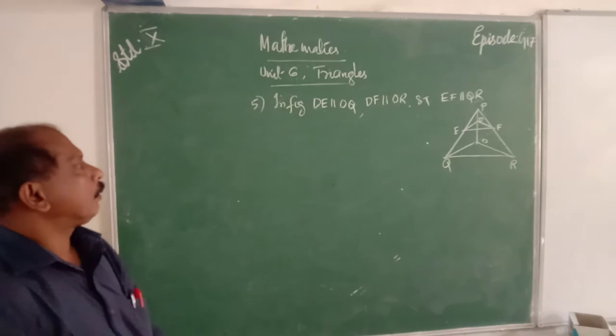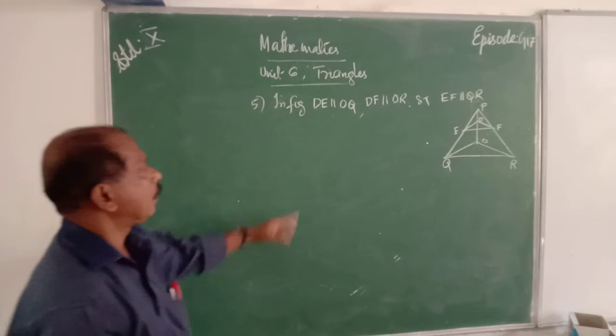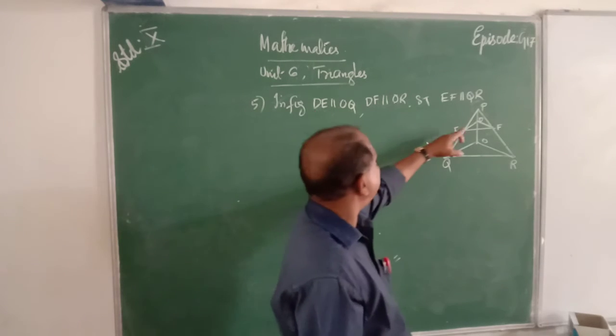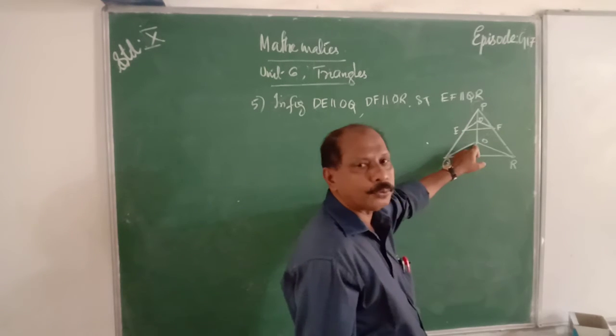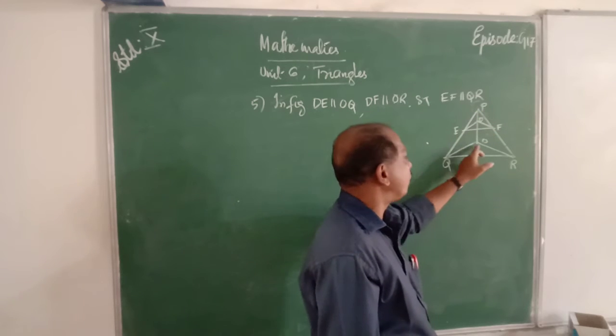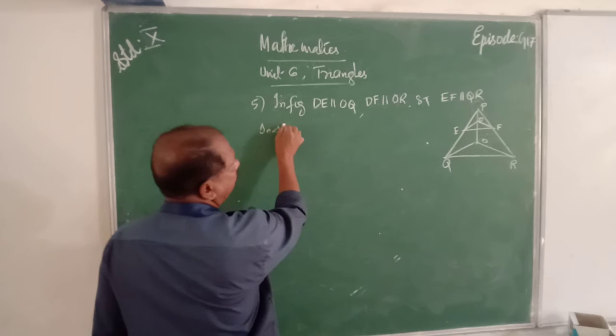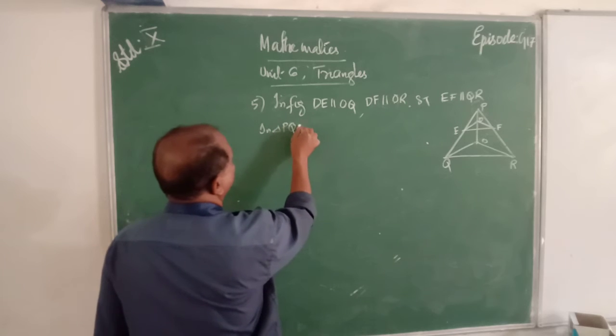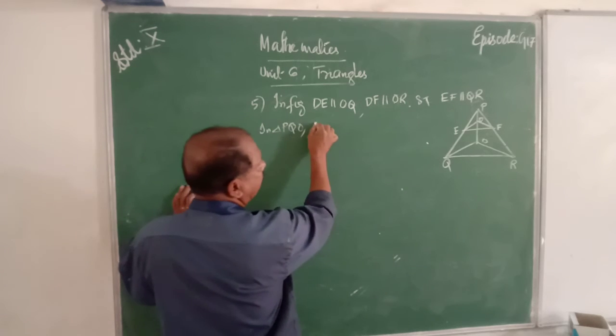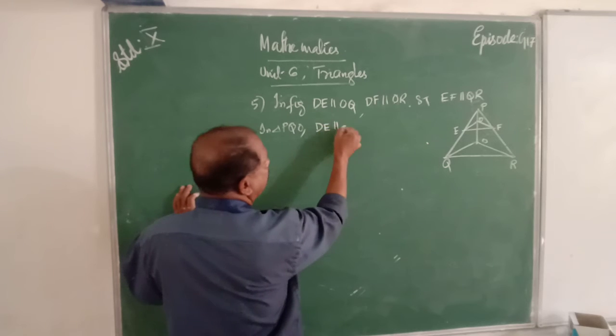Decide from the figure which line DE is parallel to. DE is parallel to OQ. Therefore, this is triangle PQO. In triangle PQO, DE is parallel to OQ.